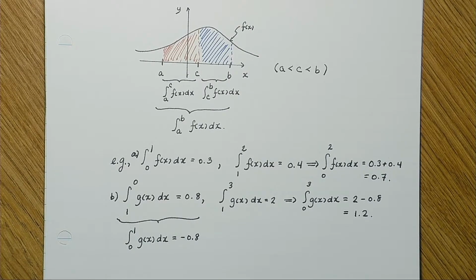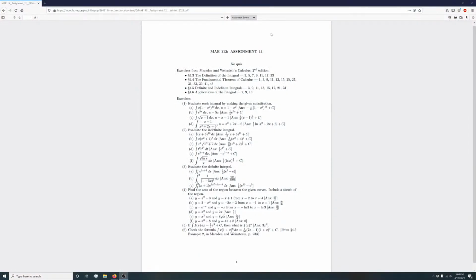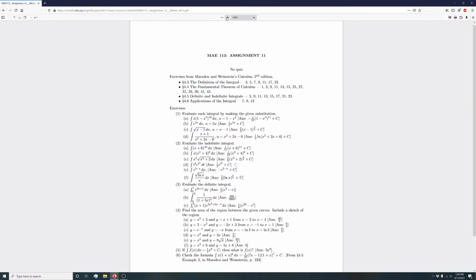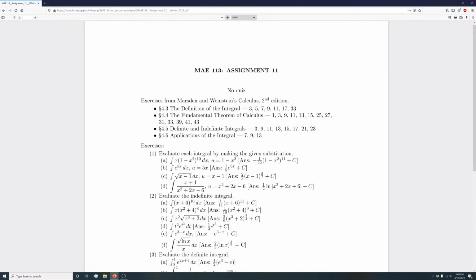Okay. Let's jump over to Moodle. I've already posted assignment 11, so I'm just going to switch over to screen. So here is our assignment 11. Again, there is no quiz.